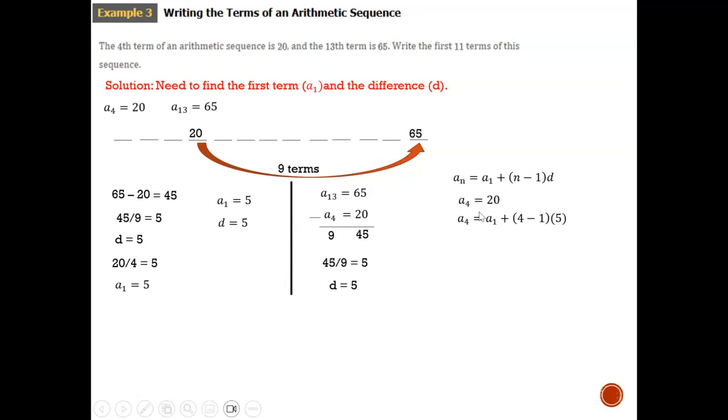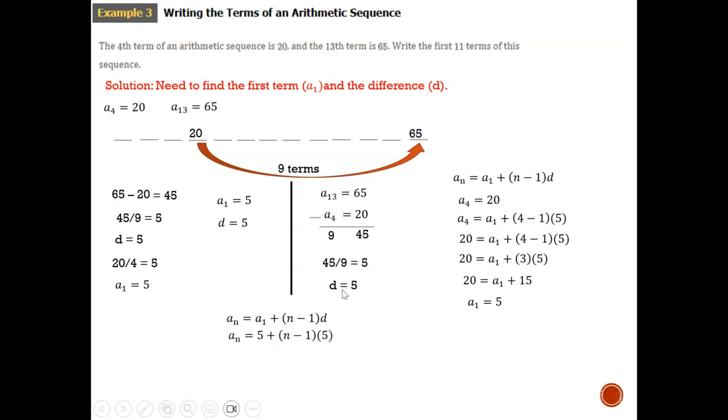So 20 equals A1 plus 4 minus 1 times 5. This gives us 20 equals A1 plus 15, since 4 minus 1 is 3 and 3 times 5 is 15. We subtract 15 from both sides, so A1 equals 5. I got my A1, and I got the difference.